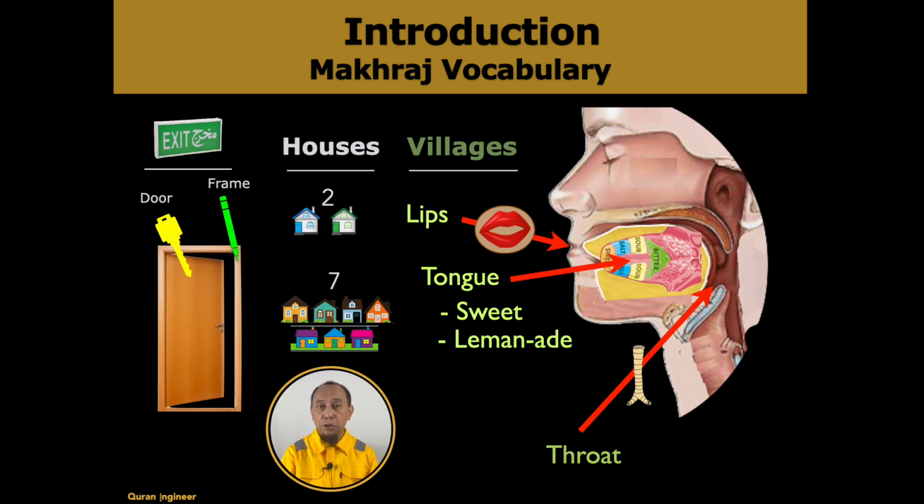And finally, your throat village will have 3 apartments sitting one on top of each other. By the way, you don't need to remember all these details at this stage, as this is just an introduction of the overall picture of the vocabulary that you will come across later, which you can look forward to, inshallah, in the coming lessons.